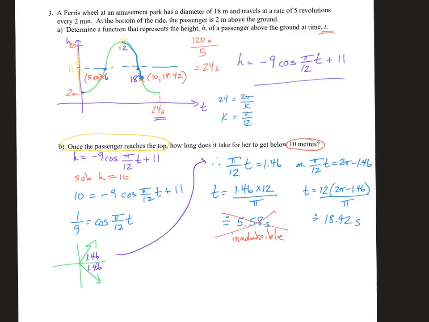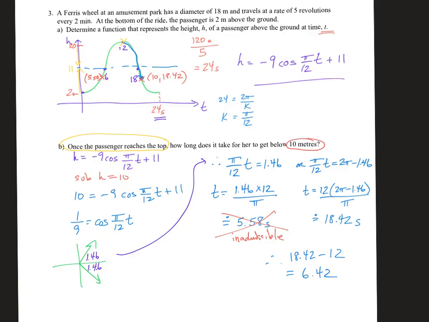So we then might say, okay, well then therefore my answer has to be take the 18.42 and subtract off the 12. And so we come in at 6.42. If you gave me an answer of 6.42, you were doing great. It's not correct, but you are doing great.